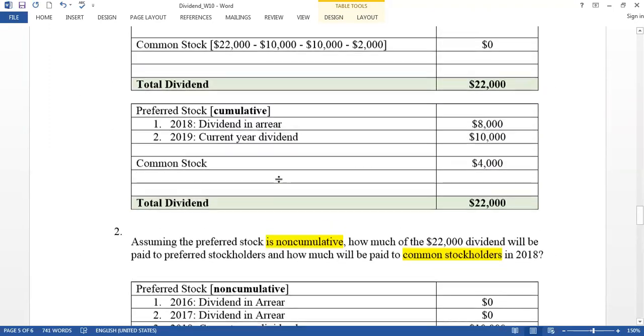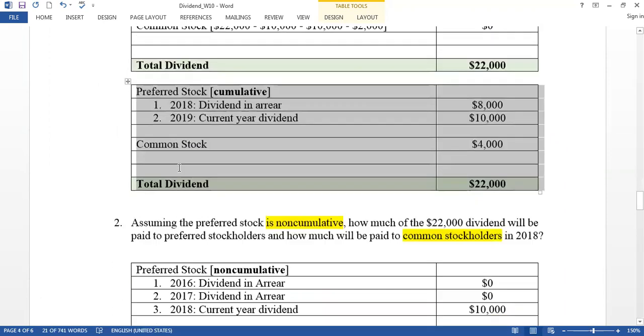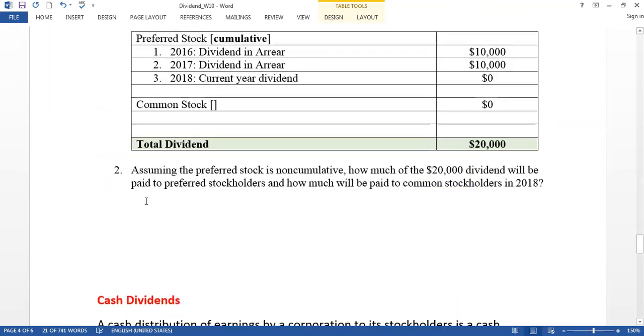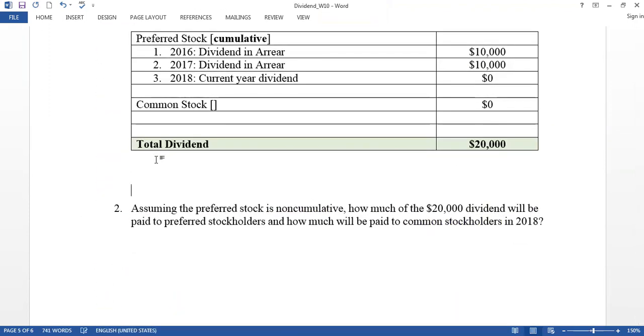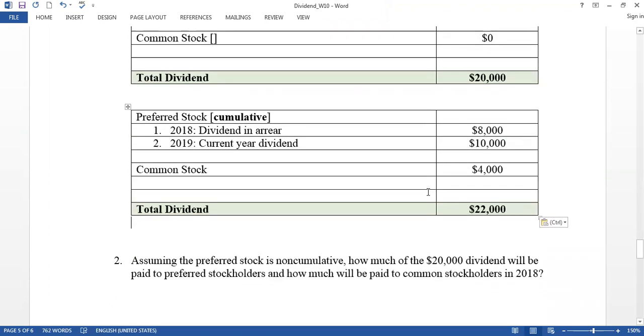Now, if I change this question like this, this is the next year. Next year again, company declared $20,000 dividend, for example.